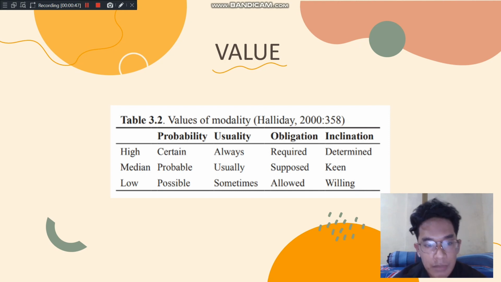can and may are the low value, like possible, sometimes, and not willing.